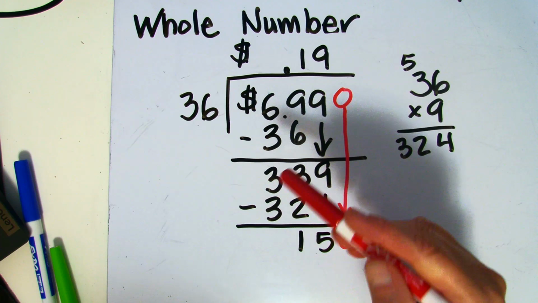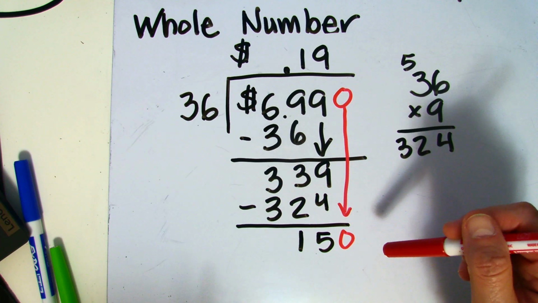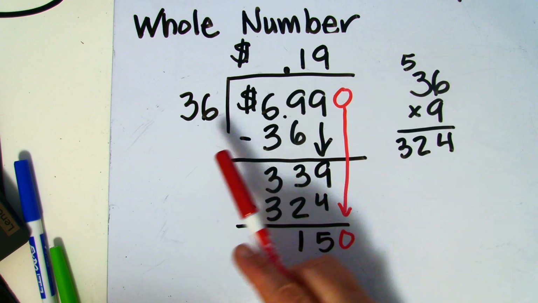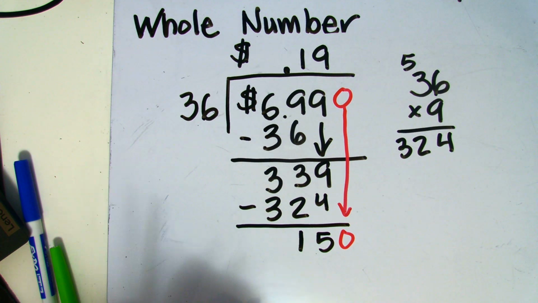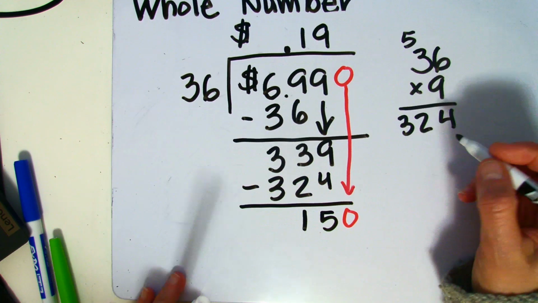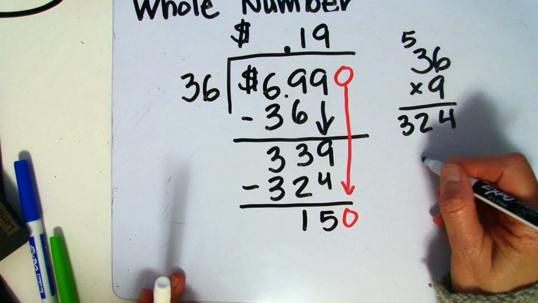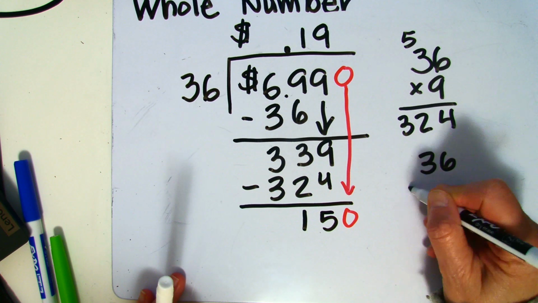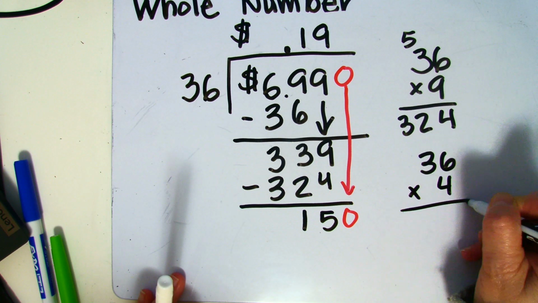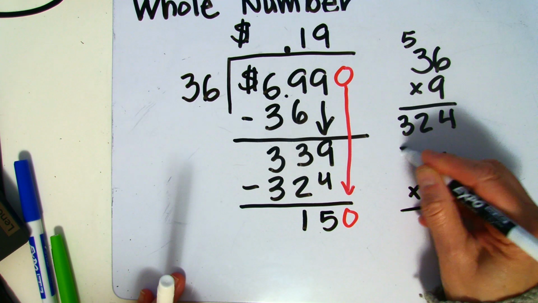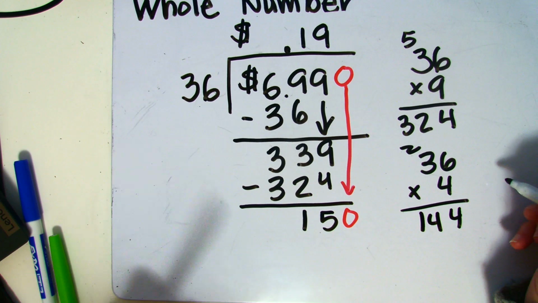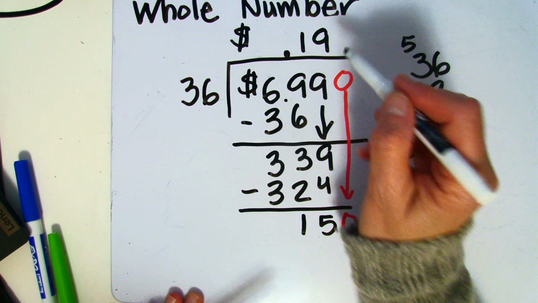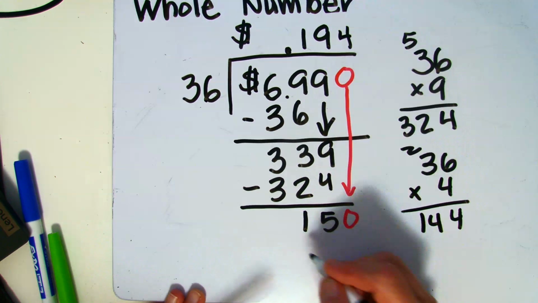So it's either going to be 3 or 4. I'm going to guess 4 because this is less than 40, but it could be 3. So let's just do a little math on the side. 36 times 4. Okay, so we're going to get 144, and that's 4 times.